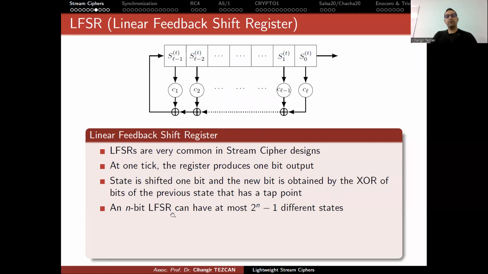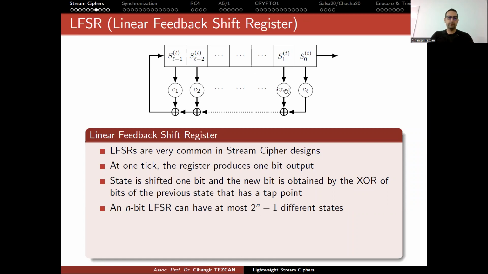So yes, an n-bit LFSR can have at most 2^n - 1 different states. By states, I mean the values that fill these places. You might ask why there's a -1 here: if you fill with all zeros, then XORing these values wouldn't provide anything, so it would produce zeros all the time. So the internal state can be anything except all zeros.